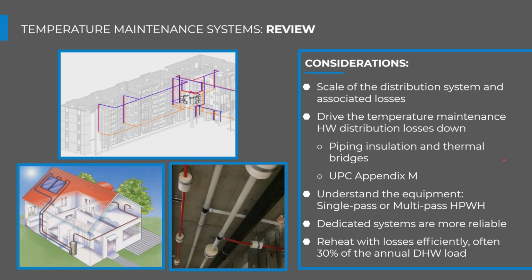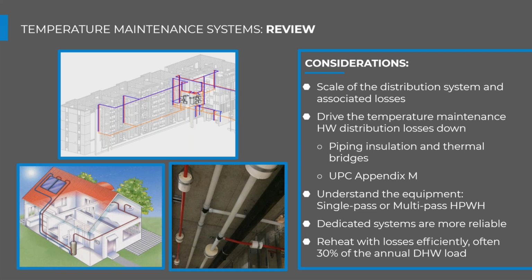So, our temperature maintenance system review: first, consider the scale of the distribution system and the associated losses. Next, we want to drive down those losses through better insulation, and better, code-compliant thermal clamping supports that are thermal bridge free.